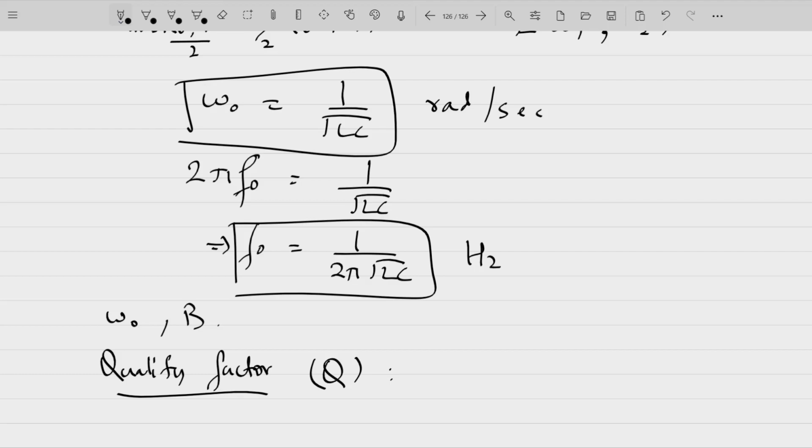Now we'll be defining the quality factor. Quality factor is also known as sharpness of resonance. It's simply a factor that quantifies or shows how effective our particular resonance is.